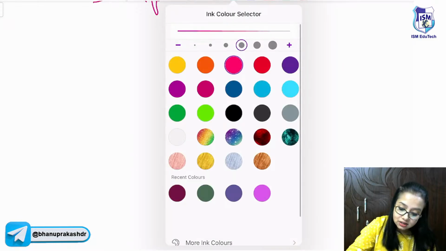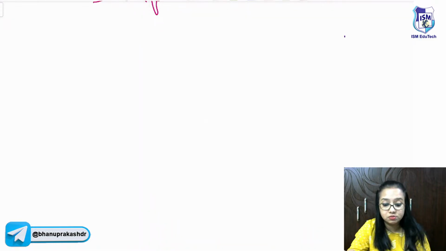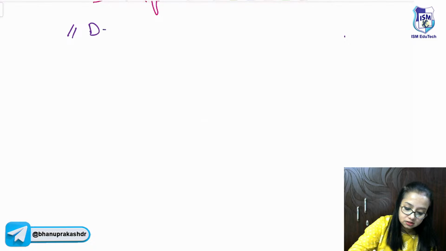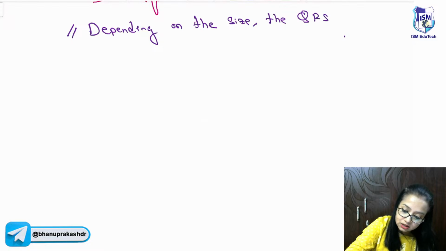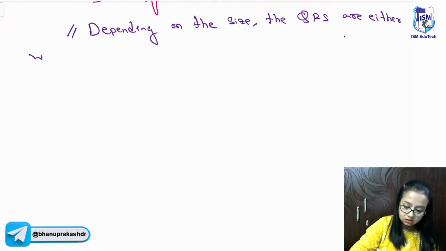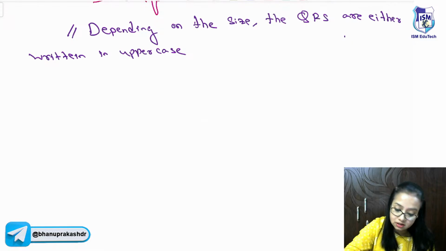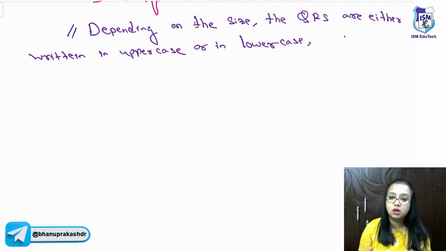Now, reading a QRS complex is very essential and one has to know how to read it. Depending on the size, the Q, R and S are either written in uppercase, meaning capital, or in lower case, meaning small letters.